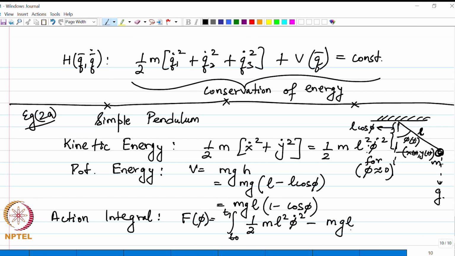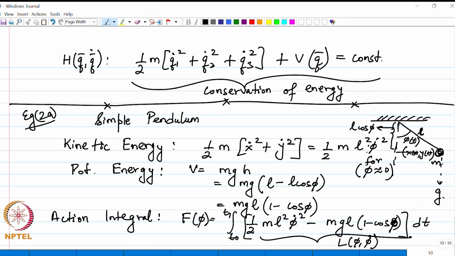I am just writing the Lagrangian from my previous slide, dt. So, here this is L of phi comma phi dot. So, there is no explicit appearance of t in this Lagrangian.